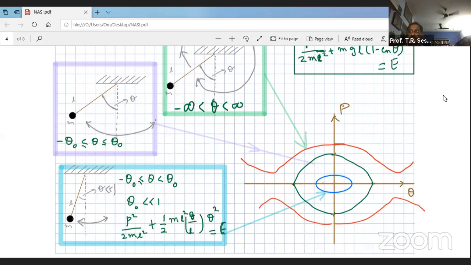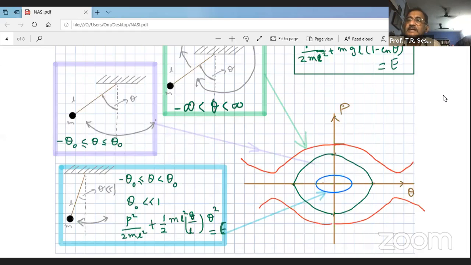So suppose I give the pendulum a huge amount of energy. What will happen? The pendulum will keep going round in circles. When it reaches the bottommost point, which is theta equal to 0, it will have minimum potential energy and hence maximum kinetic energy and hence maximum value of the modulus of momentum.